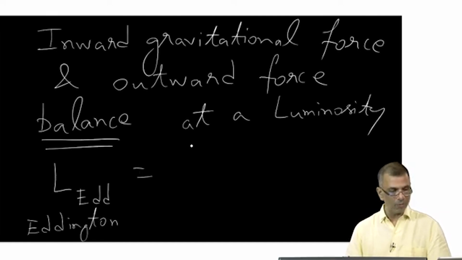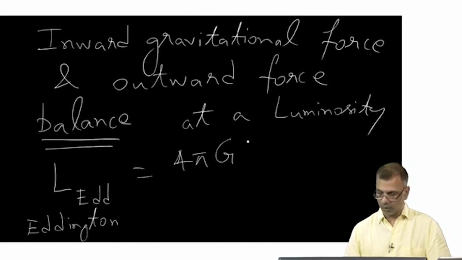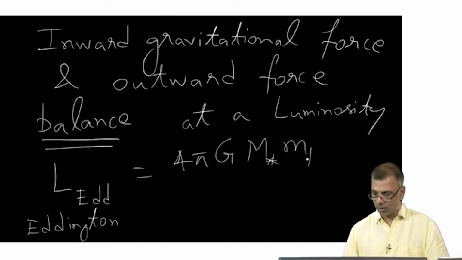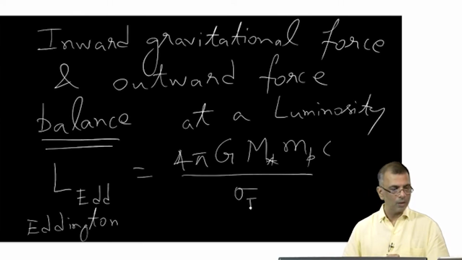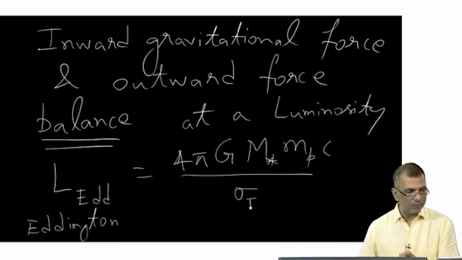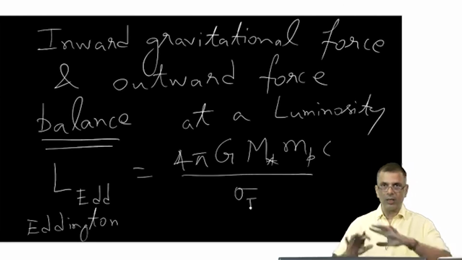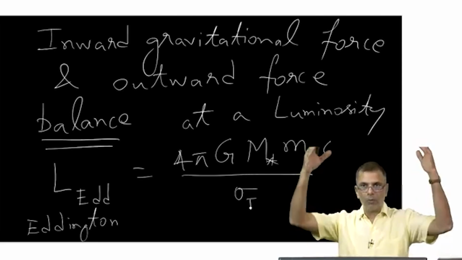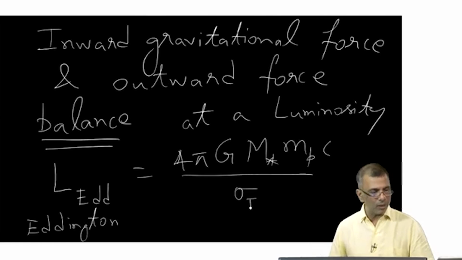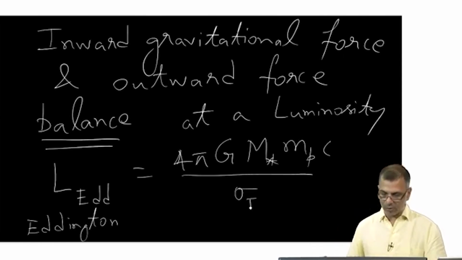Okay, and this is given by 4 pi G M star, where M star is the mass of the central object, m_p c over sigma T. Okay, and so when the luminosity of the central object is larger than this value, the surrounding hydrogen gas which is trying to accrete will be blown away by radiation pressure. So you cannot accrete beyond a certain limit. So this is called the Eddington luminosity.